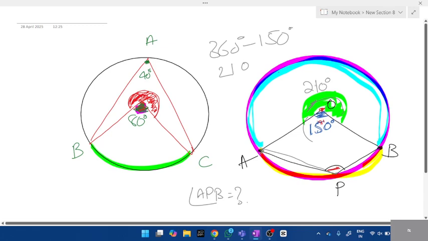So if AOB is 210, this will be half of it. Half of 210 is 105 degrees. So don't get confused. If they give 150, don't write APB as 75. 75 is wrong. First you have to find the exterior one, then from there.